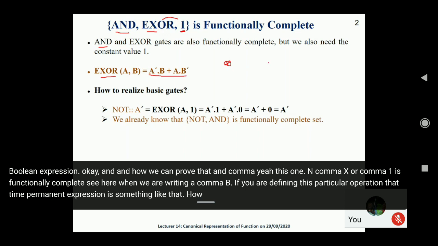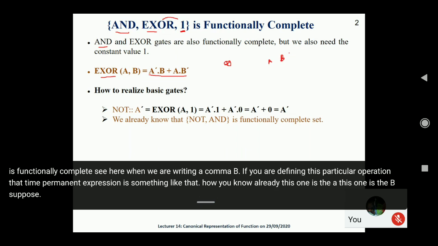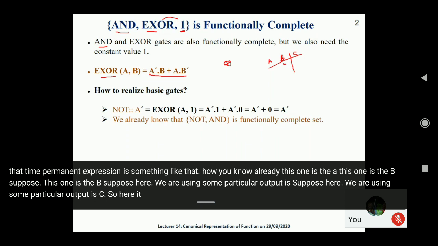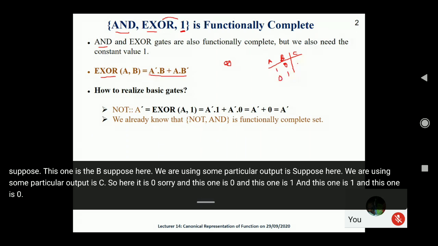This one is A, this one is B, and suppose the output is C. So here it is 0, and this one is 0, this one is 1, this one is 1, and this one is 0. That time this one is also 1.